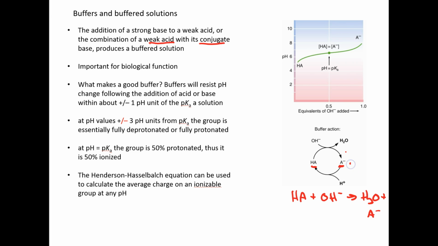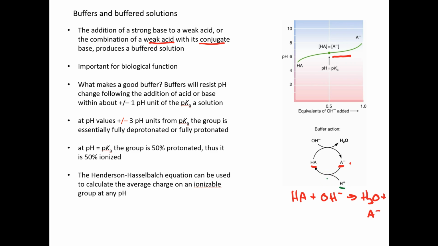So we're producing the conjugate base. And this is much less dramatic in affecting the pH of the solution versus just having free hydroxide. And that's evident from this zone where, as you add the hydroxide, it has a very soft slope to the change of pH.